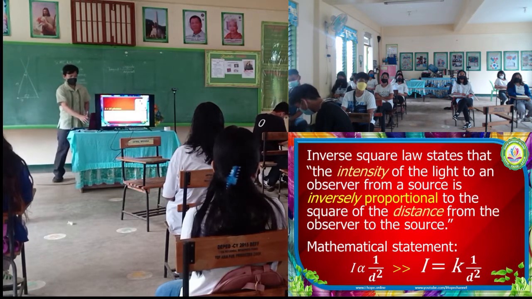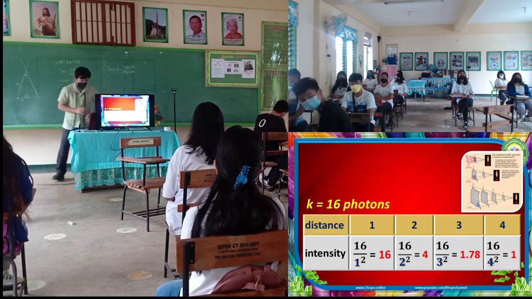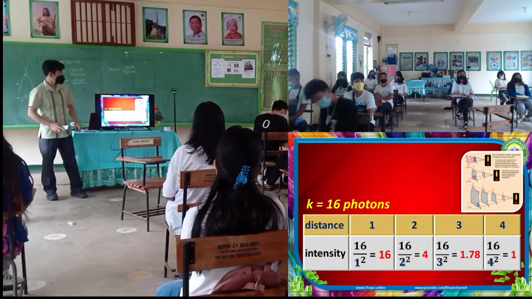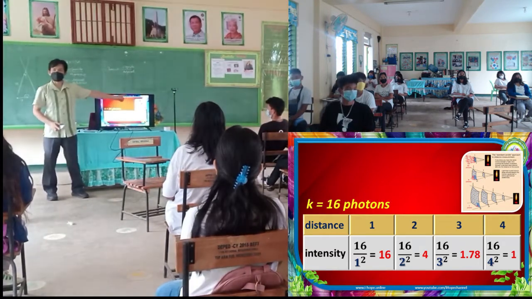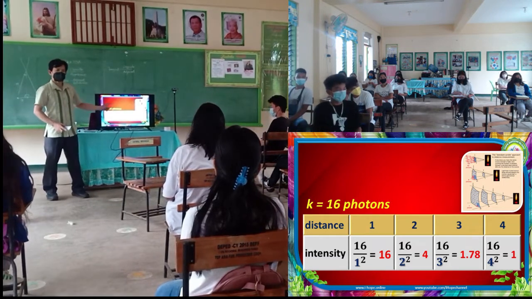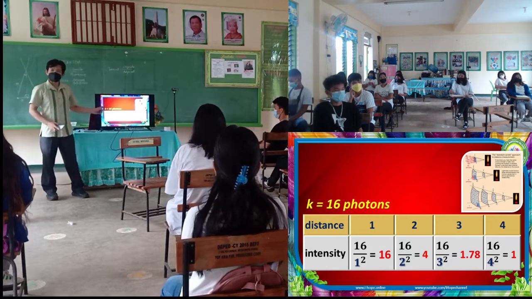Okay, so we'll make use of this illustration. We have a candle. The intensity of the candle's light is 16 photons. The 16 photons intensity of the light of the candle is the constant.